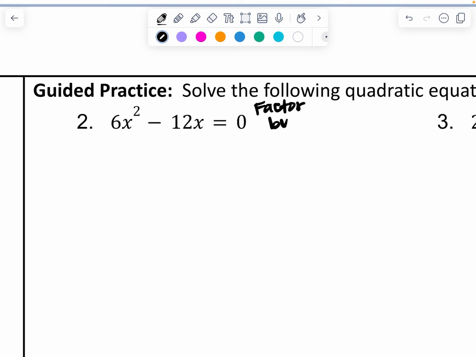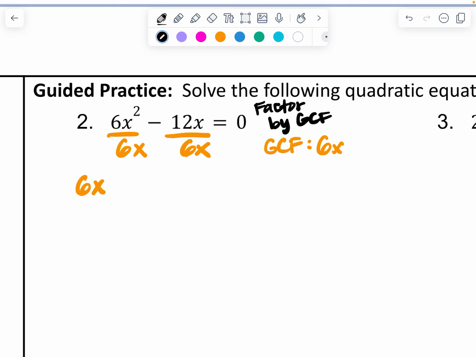So my GCF is going to be 6x, because 6 is the greatest common factor for 6 and 12, and the lower exponent would be x. So when I factor that out, I get x minus 2.